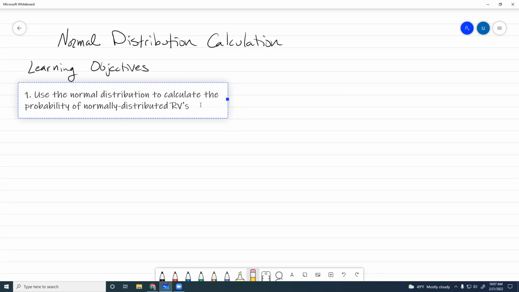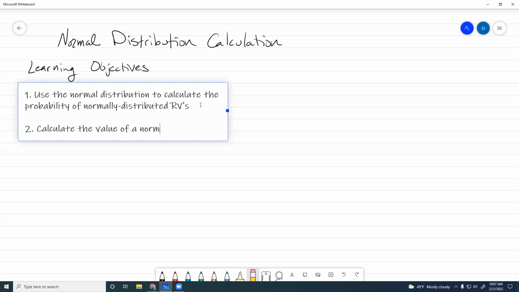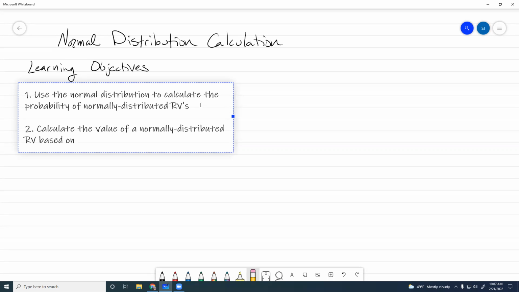And we can kind of inverse that, and we can calculate the value of a normally distributed random variable based on a probability, a percentile.